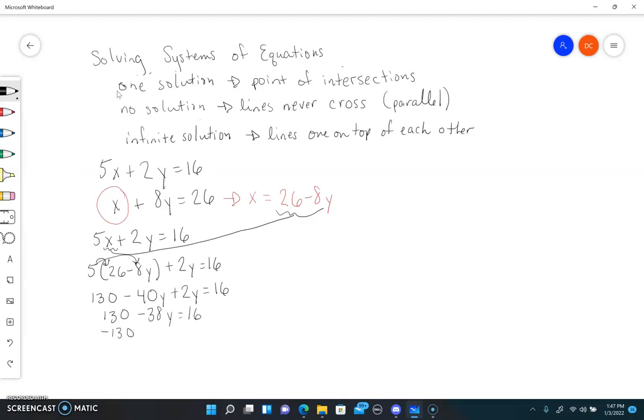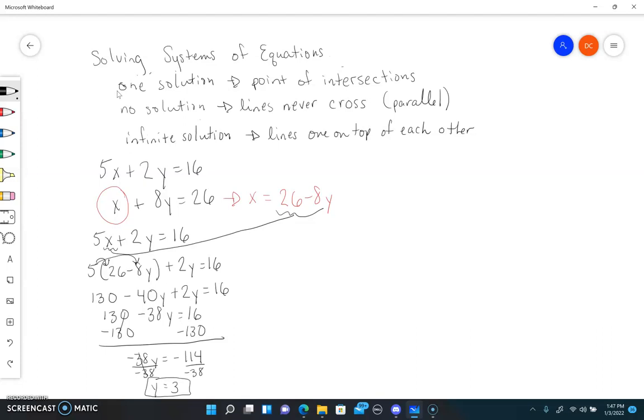I subtract 130 on both sides. And I get negative 38y equals negative 114. Like I said, I just used my calculator there. And then when I divide these, I get that y equals 3.